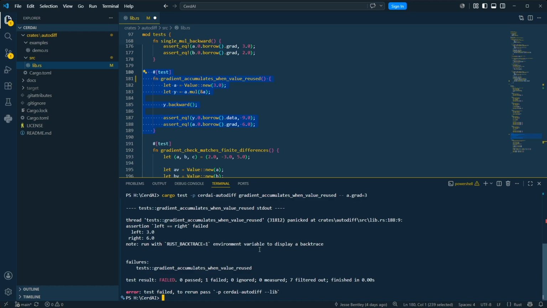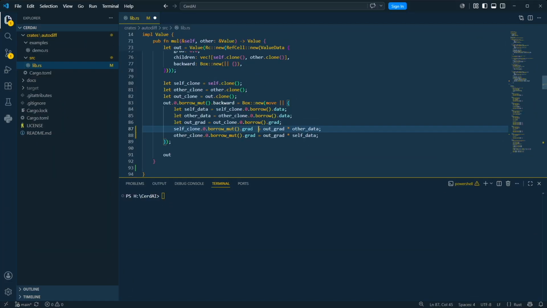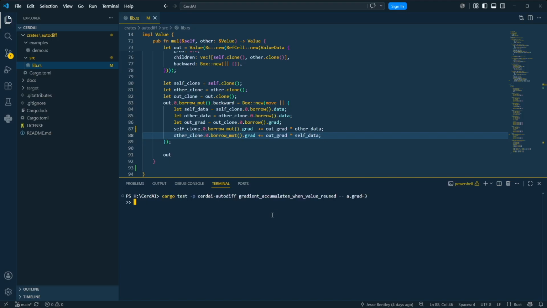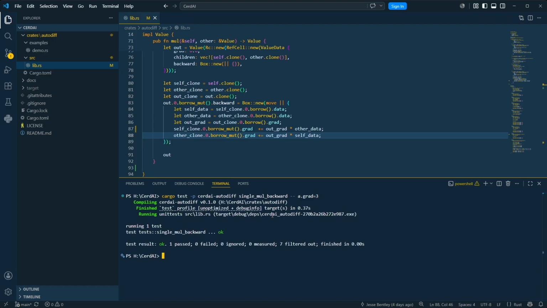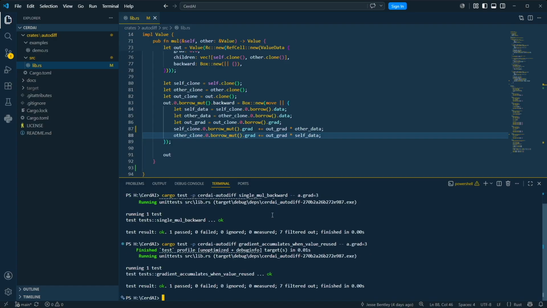Passing the easy cases doesn't always mean that your code's correct. So if we change this back to plus equals, and we use this reuse test, a times a is 3, gradient of 6, the plus equals is right.